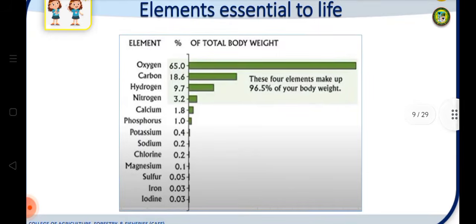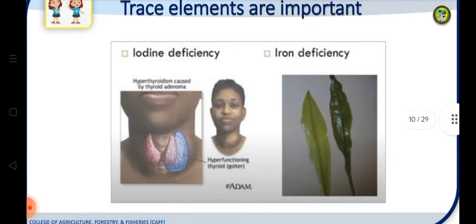Here we have the elements and the percent of total body weight. For example, we have oxygen 65%, carbon 18.6%, hydrogen 9.7%, nitrogen 3.2%, calcium 1.8%, phosphorus 1.0%. If we look at CHON, these four elements make up 96.5% of our body weight.